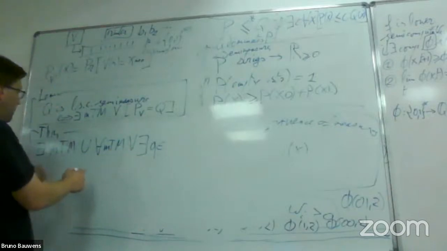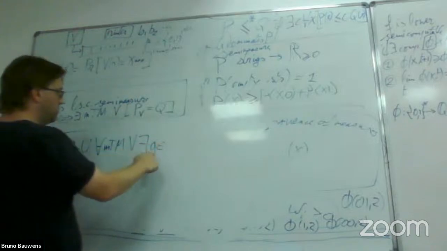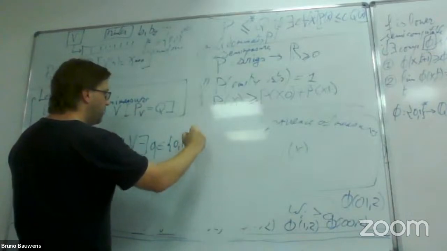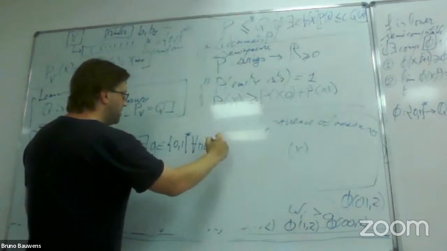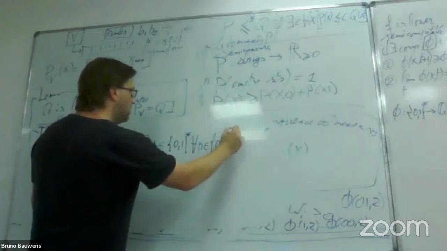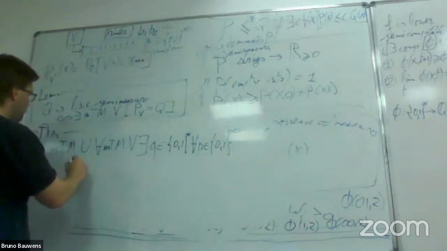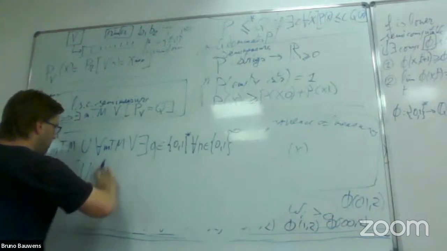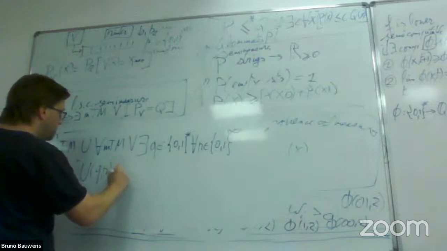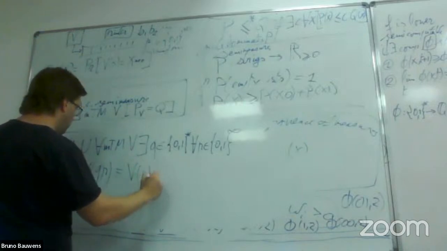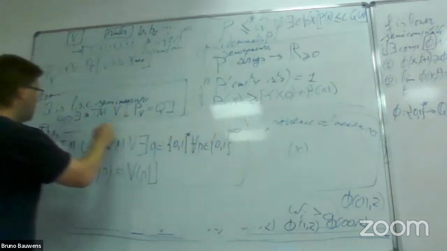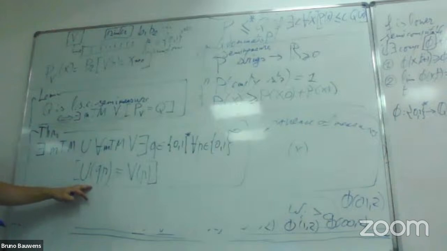And so there are many quantifiers. For all V there exists Q, which is finite. Then for all P, which is infinite. And so we have that U of QP is equal to V of P. So it is a universal monotone machine.